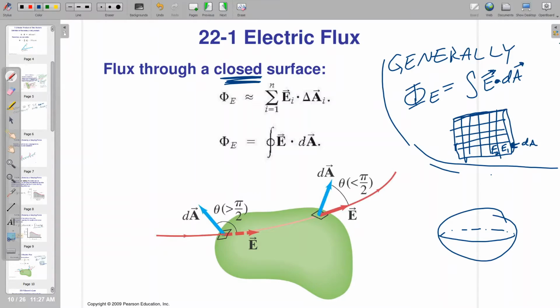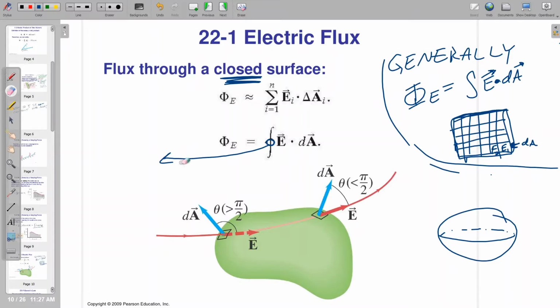Here I drew a square. A square has 4 edges. There are none on the area that makes up the surface area of a sphere, right? The whole thing is entirely connected. So this is a closed surface. When we talk about this integral over a closed surface, that's when this little circle shows up around the integral.